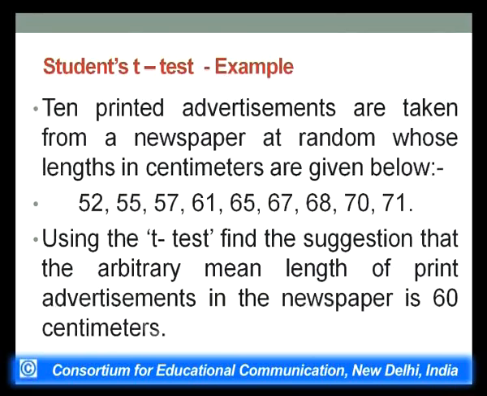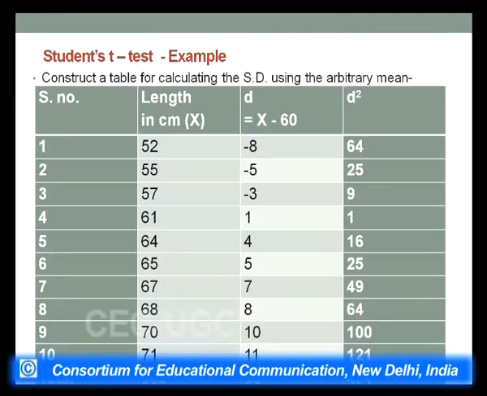You have to have some method of analysis so that you can surely say whether this assumption which I have taken as average is correct or not. For that, Student's t-test is basically used.